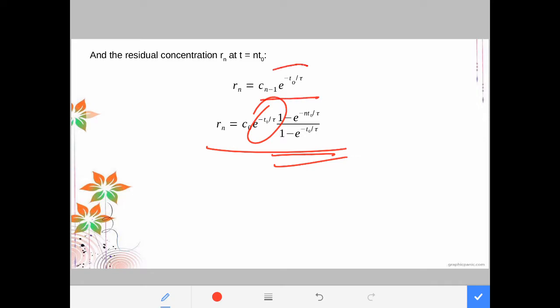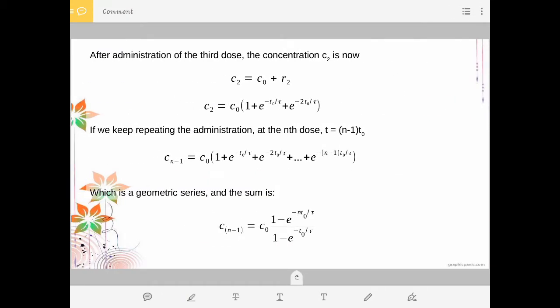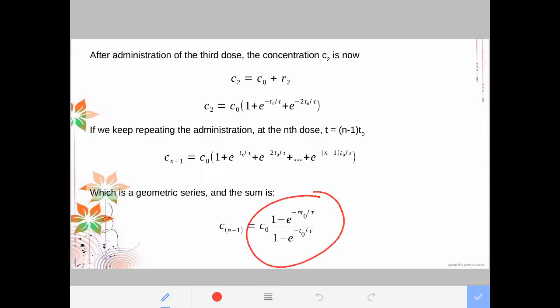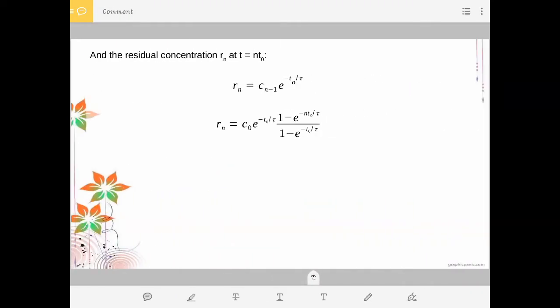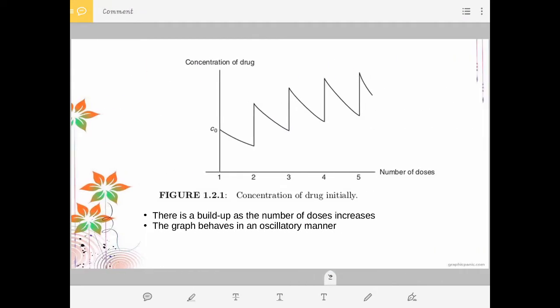Or we can simply take this one and substitute it here, since we defined it as Cn minus 1. So you now have this equation. That is the residual concentration after the nth dosage.